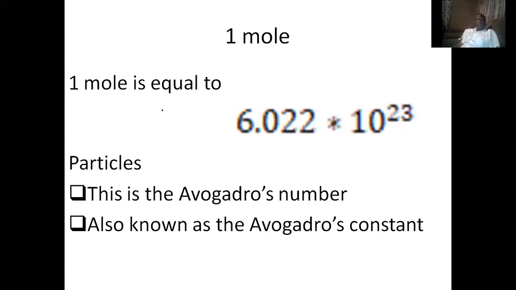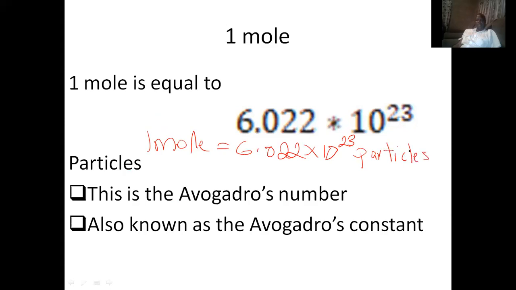And so, as we said, one mole is equal to 6.022 multiplied by 10 to the power 23 particles. These particles can be atoms, or molecules, or ions.